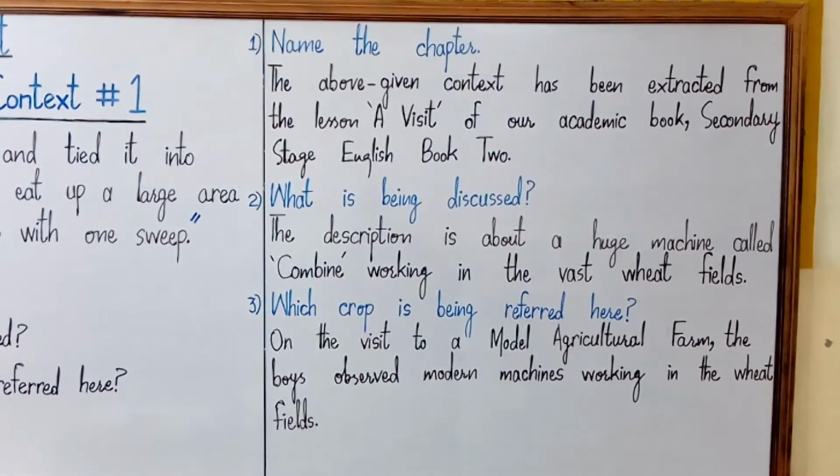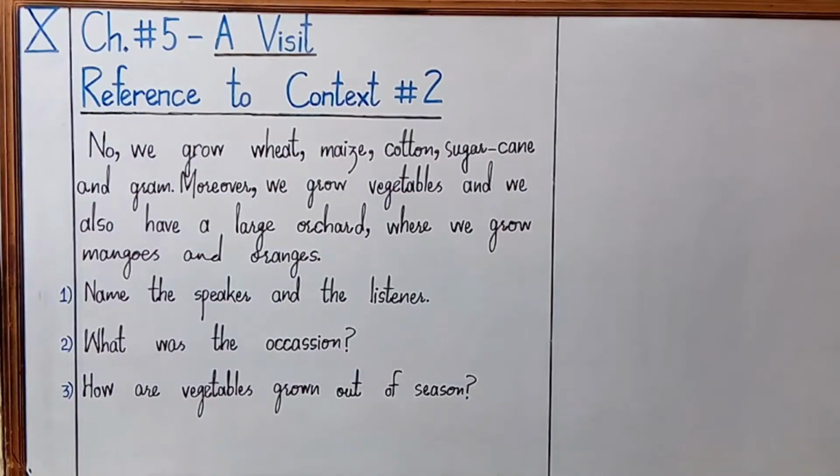Now let's move on to reference to context number 2. It says, no, we grow wheat, maize, cotton, sugarcane and gram. Moreover, we grow vegetables and we also have a large orchard where we grow mangoes and oranges.